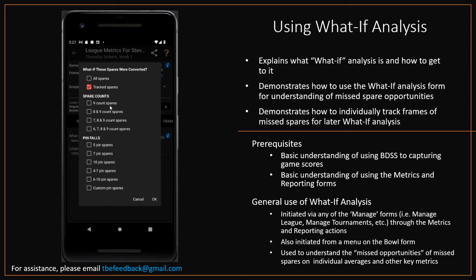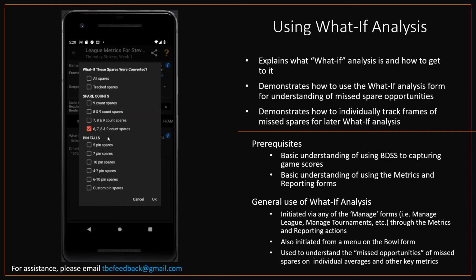Next is spare counts. This says, perform a what-if analysis for any missed spares that had a count of 9, or 8 or 9, or 7, 8 or 9, or 6, 7, 8 or 9. And the last option is pinfalls.